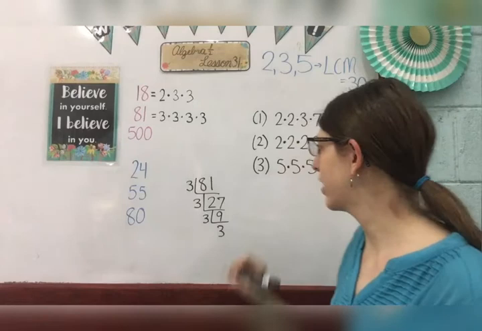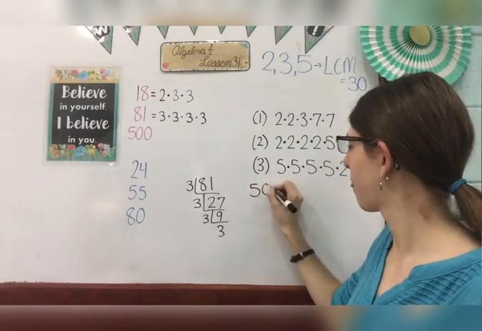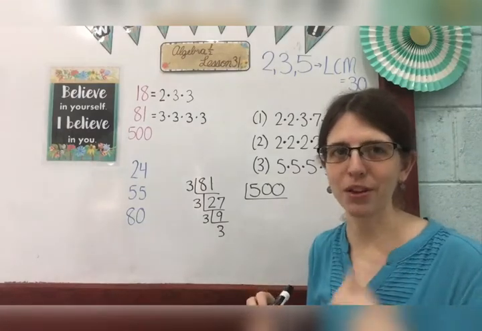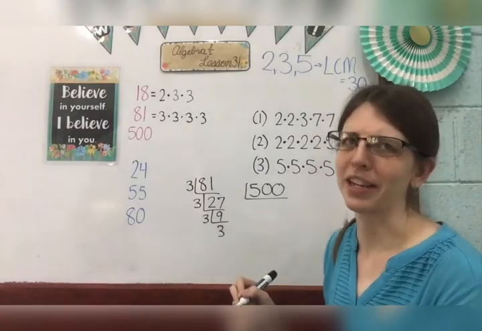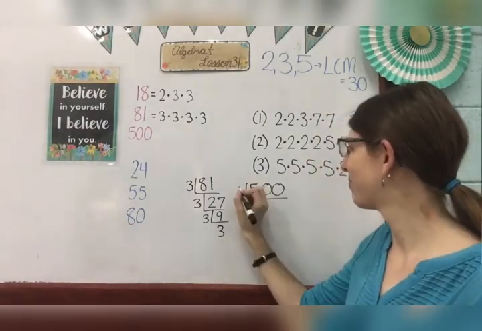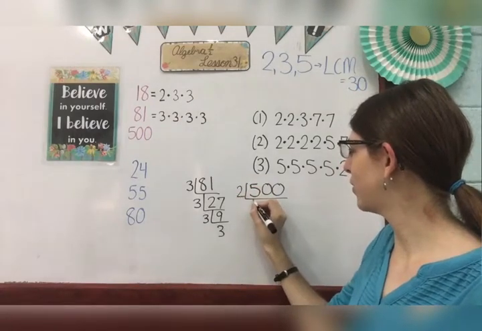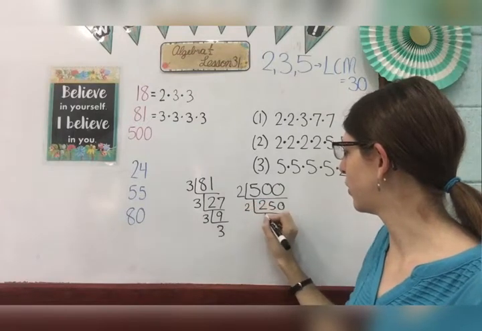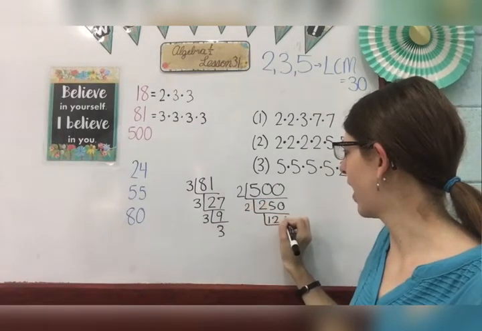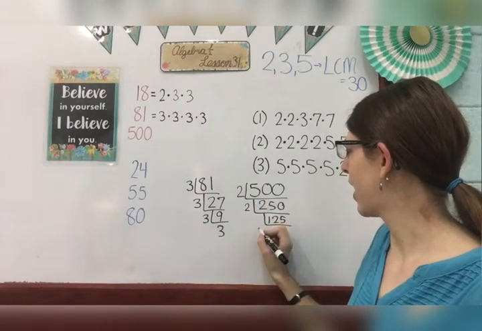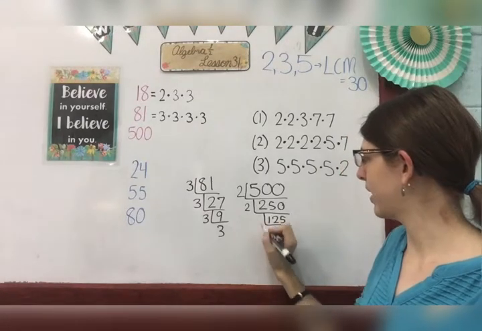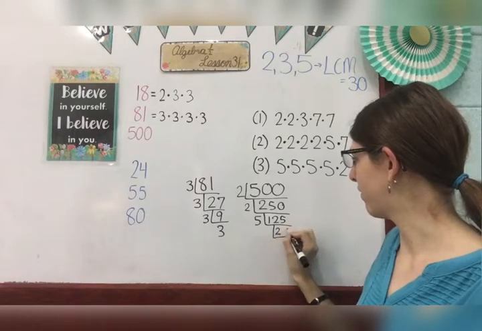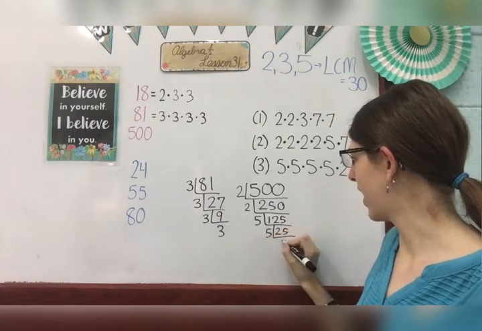For 500, again, I'm going to do that over here because I want to make sure that I don't make a mistake on camera with you, although I know I make mistakes on camera a lot. Okay, 500 divided by 2 is 250, divided by 2 again, 125, divided by, let's see, 3 no, but 5 yes, is 25, divided by 5 again.